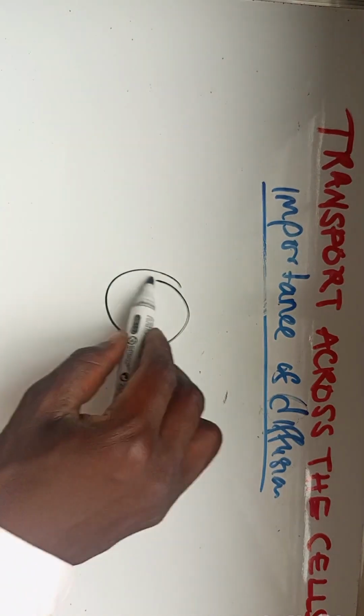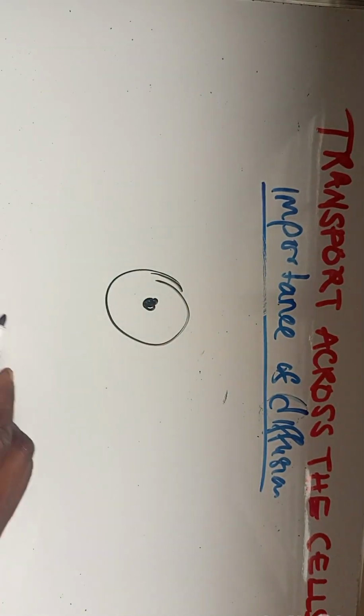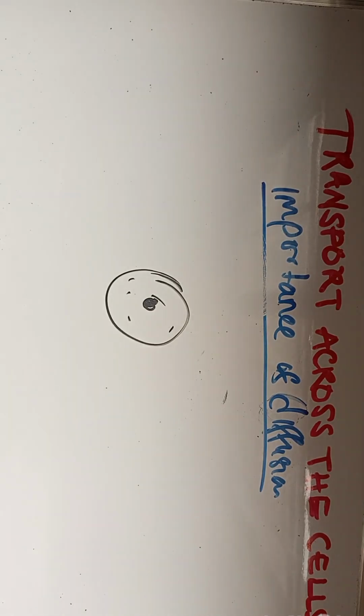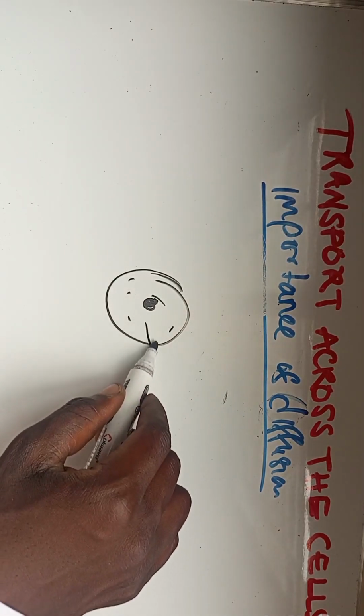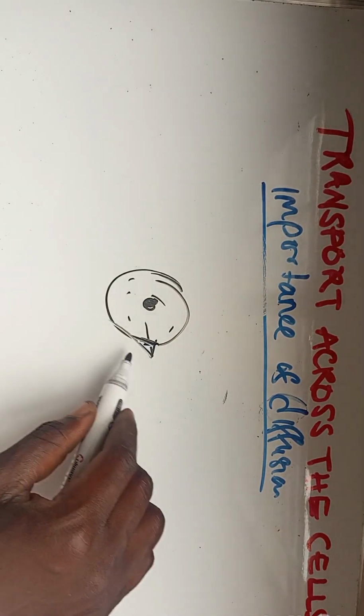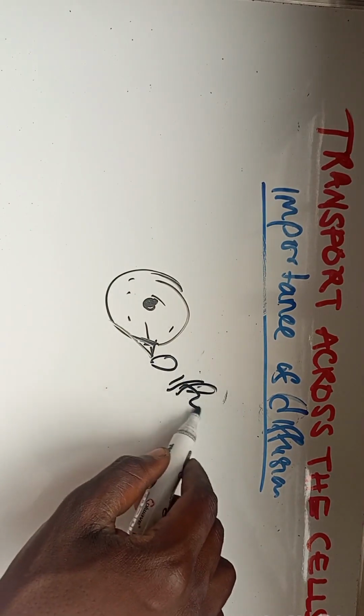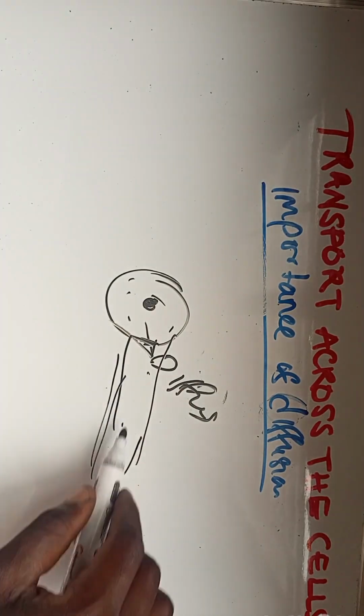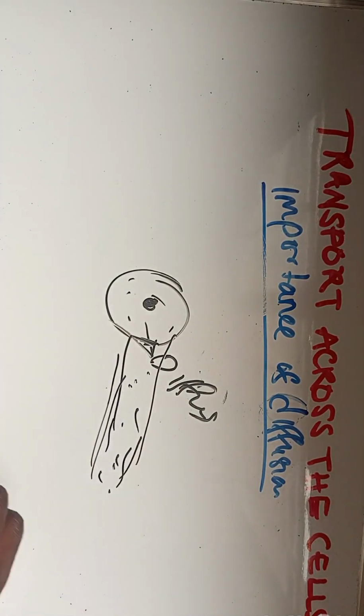So the same here, it is a cell. Inside the cell there are many activities which take place. So when urea comes out of the cell, it comes out by the process of what? Diffusion into what? Into the blood. From the blood it is excreted, and we know when we learn excretion how urea is excreted.